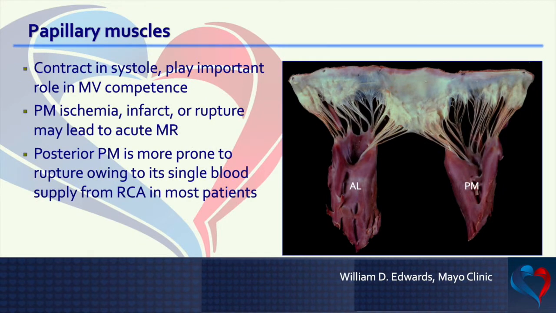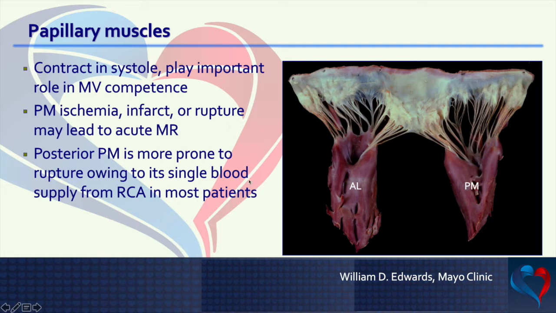The papillary muscle, we have two papillary muscles. We have the anterolateral and the posteromedial papillary muscle. As you can see here, this is the leaflet attached to both papillary muscles, and this is the anterior leaflet. The posterior leaflet is also attached to both papillary muscles from its sides.